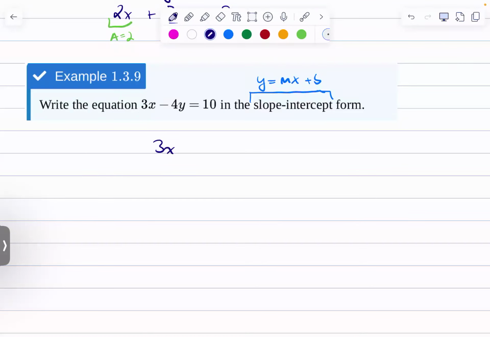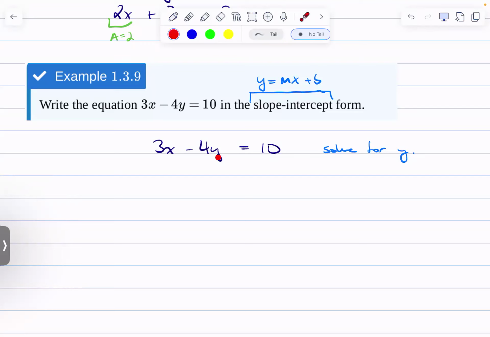So we're going to start with 3x minus 4y is equal to 10 and solve for y. Right, and that will put you in slope-intercept form. So here we go. First thing I'm going to do, right?